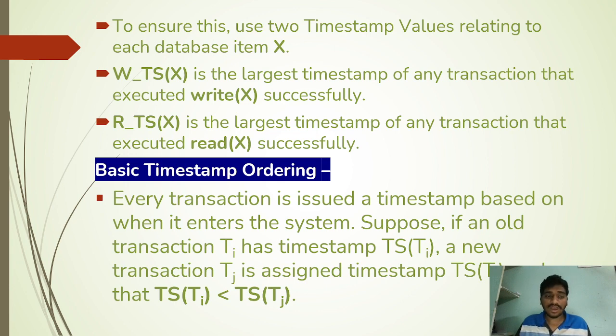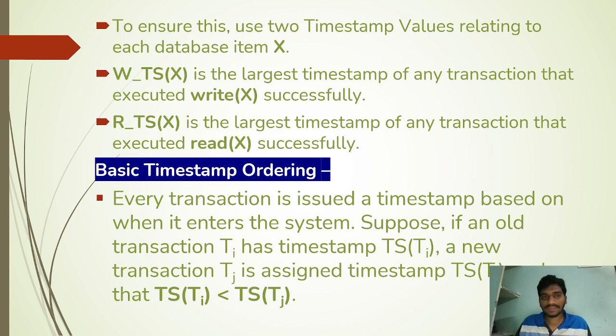That means the transaction Ti comes first, and the timestamp of Ti must be less than the timestamp of Tj.